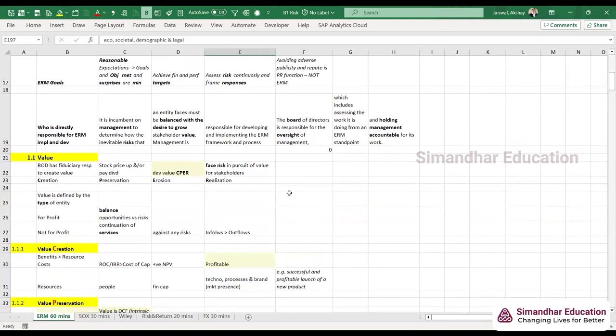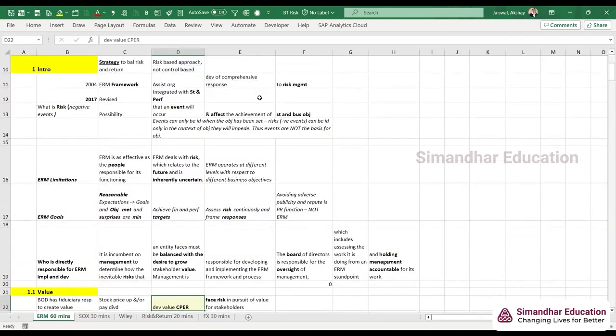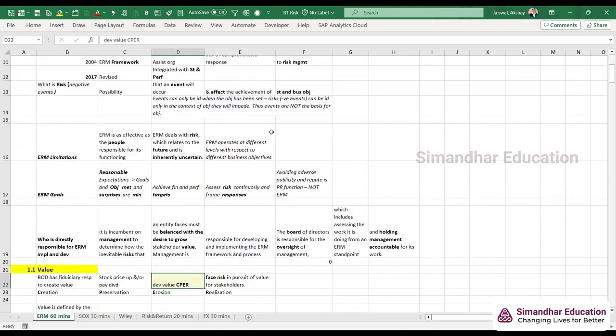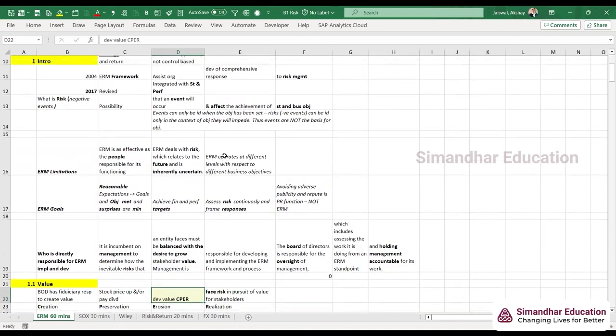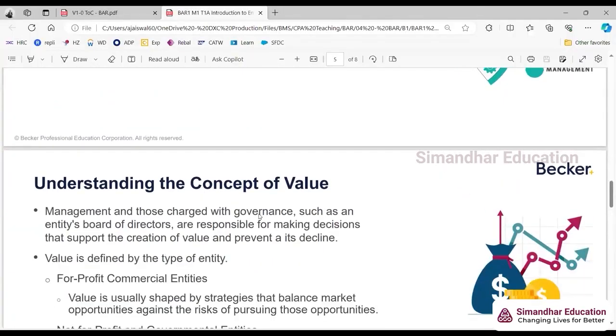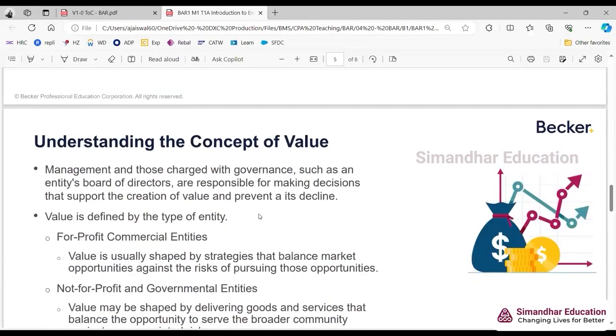Value has four concepts. CPAR. These notes are just my notes which I had created. You will find that they are not too structured, but it is similar to what we have in the book. However, I created it like that so that I can read it and understand it properly.